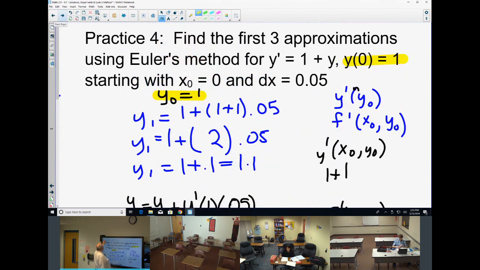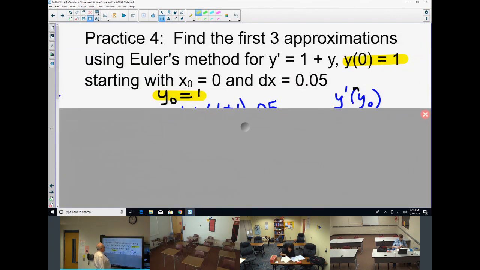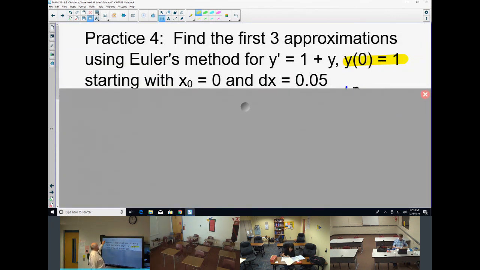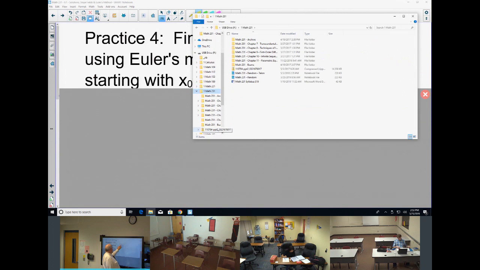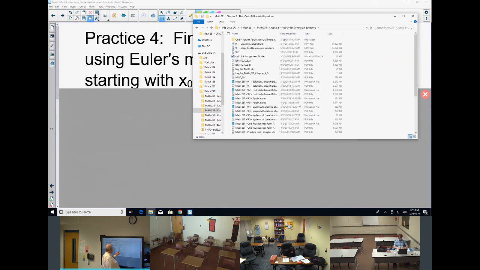Again, looking over the notes, Professor Blake did a fine job on this. But I like to go through the practice problems on the sheet just to make sure that we're all on the same page, and it gives you a chance to ask me questions.